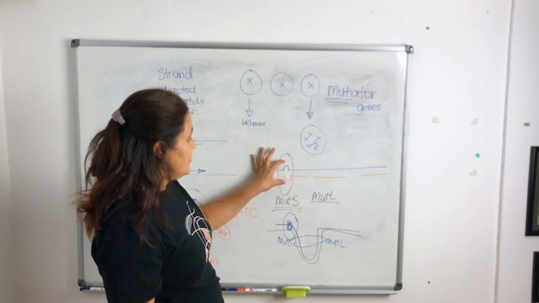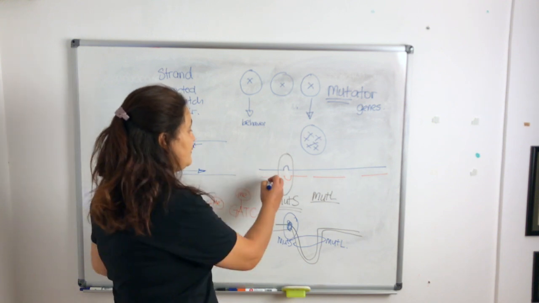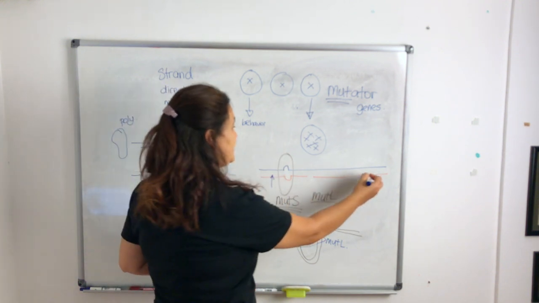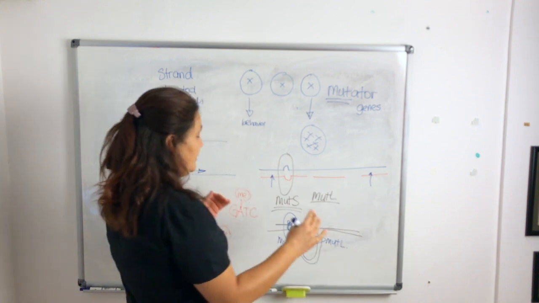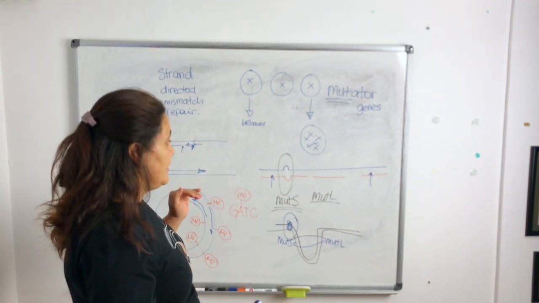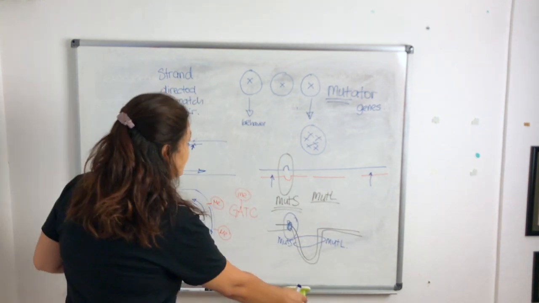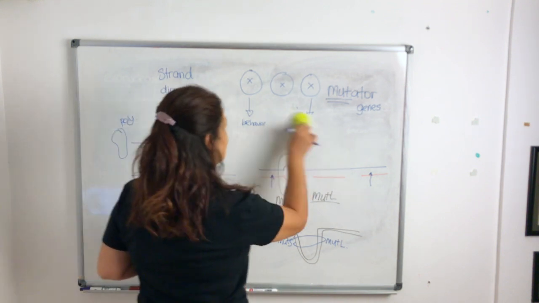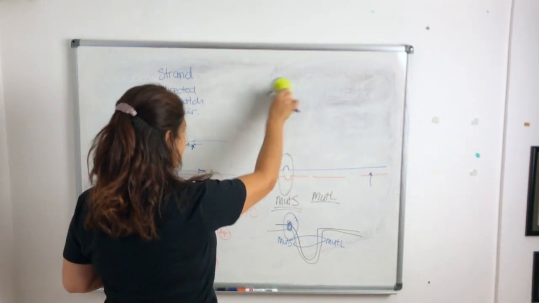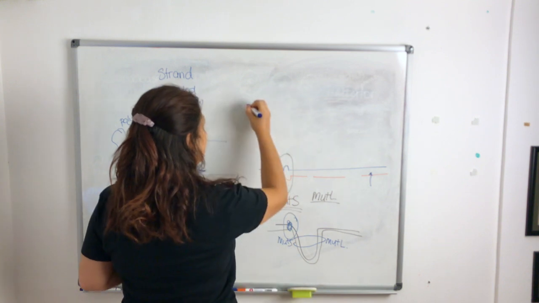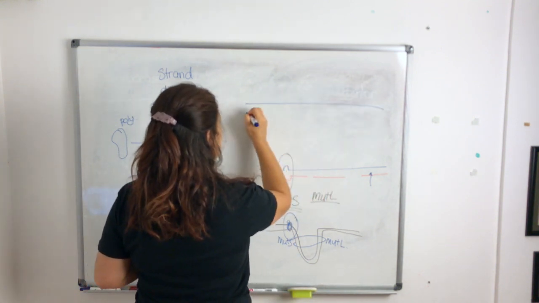To include this one, they cut, for example, from here to here. They erase all that area so that there will be a missing strand like this.